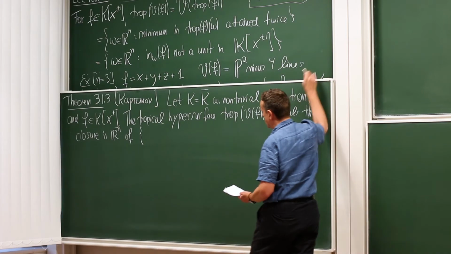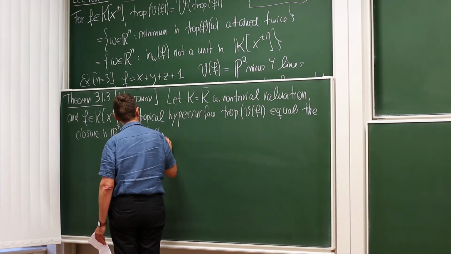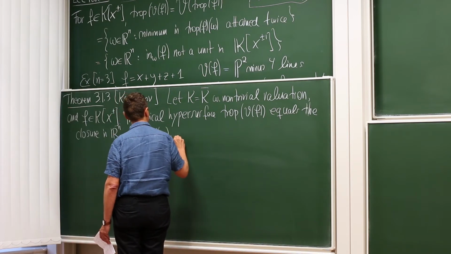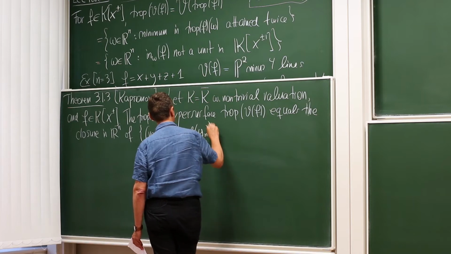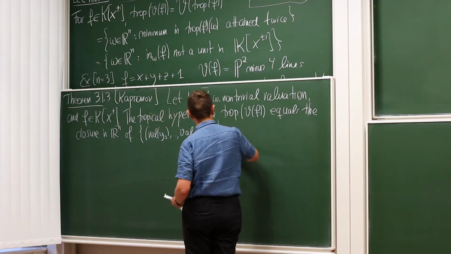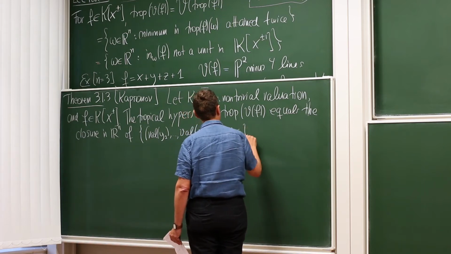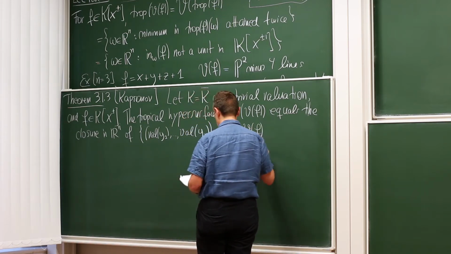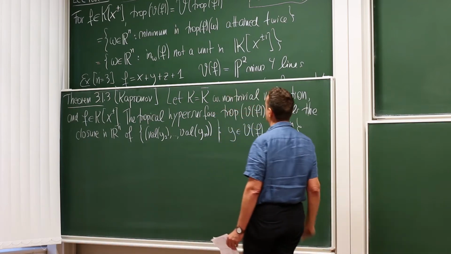What we do is we take the vectors val y1, val y2, up to val yn. So we take vectors whose coordinates lie in the value group, where y is any point in the classical variety. Just to make sure, this all takes place in the torus.